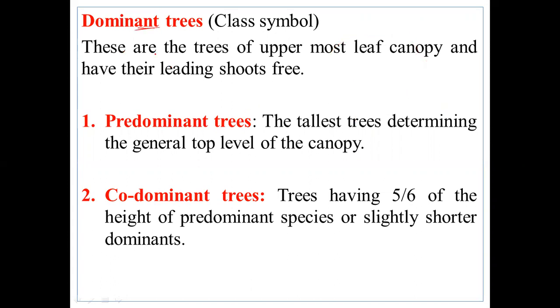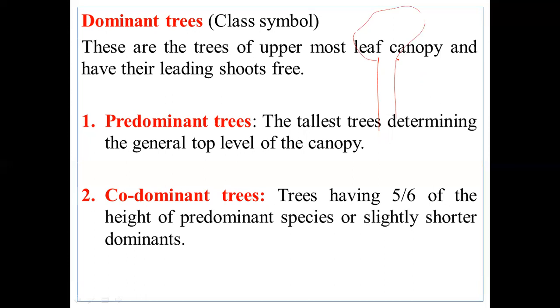Within the dominant, there are two classifications: the predominant and the codominant. The predominant is the tallest tree. In the crown, the tallest tree generally determines the general top level of the canopy and occupies the top level.